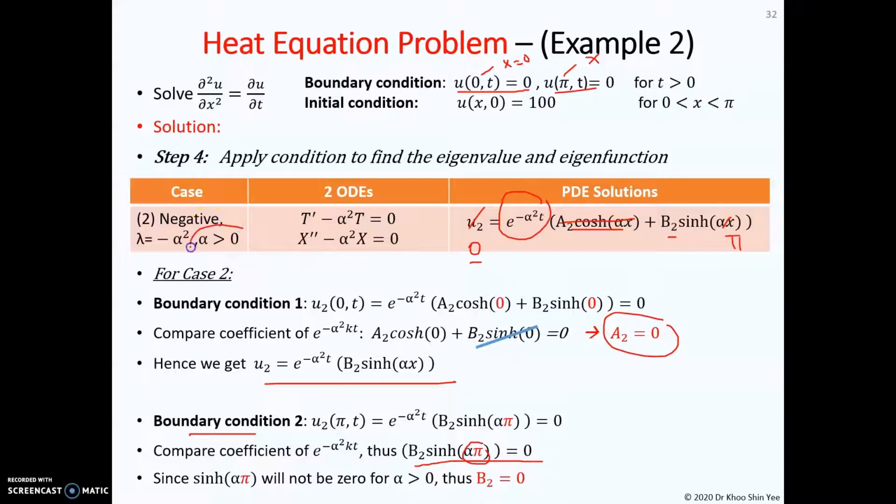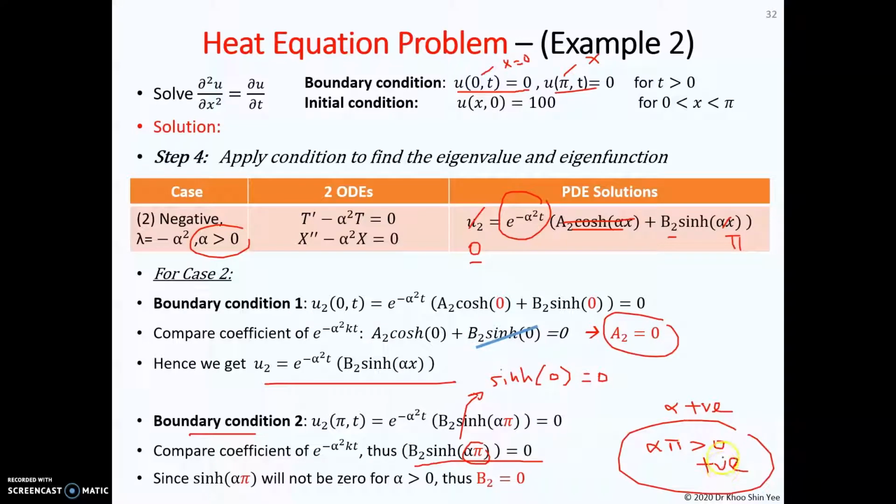So alpha is greater than 0, therefore alpha is positive. So alpha pi will be greater than 0, therefore this is positive as well. It's very important for you to understand the hyperbolic sine will be equal to 0 when the alpha pi here is equal to 0. But this cannot happen because your alpha pi will always be greater than 0.